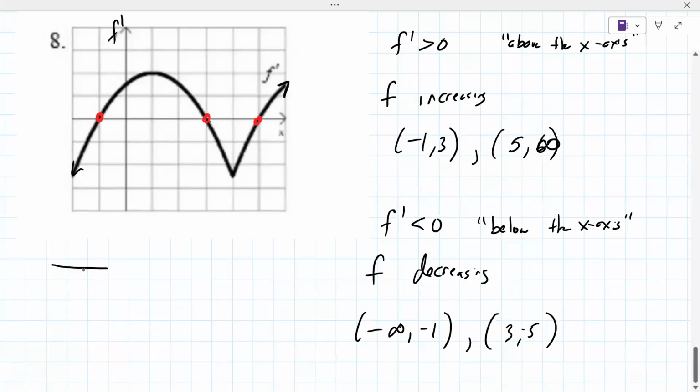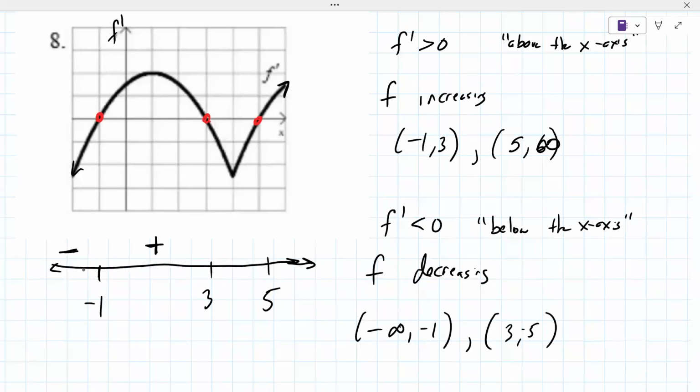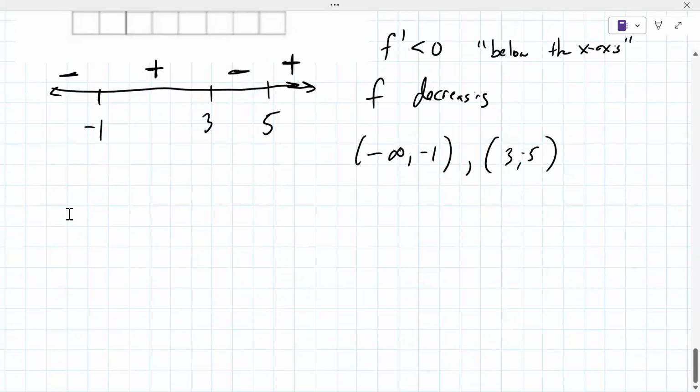The other thing you can do here is draw a number line with those numbers, -1, 3, and 5, and say positive above, negative below, positive. To determine where it has a min or a max, you're looking at where it goes from plus to minus, or minus to plus.